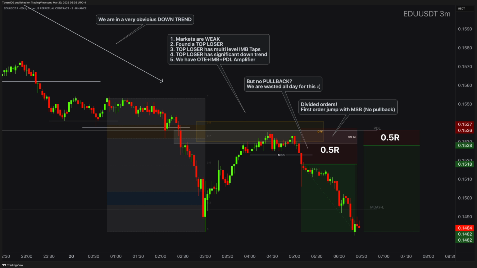This way, there is no chance of missing the trade. You will be 100% in a trade. Then optionally, you can place the rest of the 0.5 R risk order into a possible pullback position as a limit order for the future. Here you go. This is your alternative way of trading.